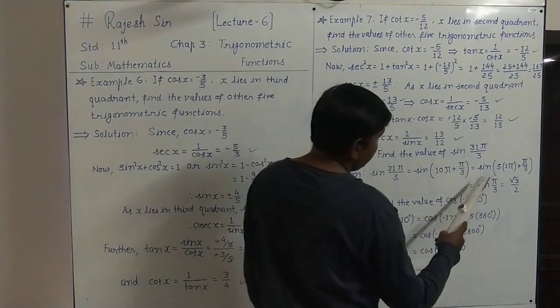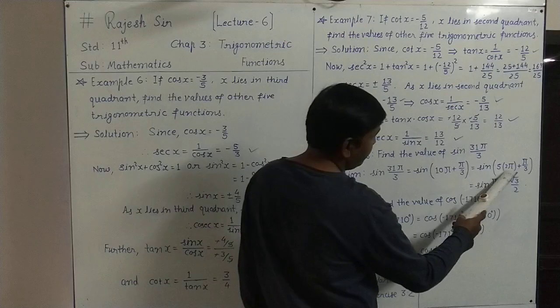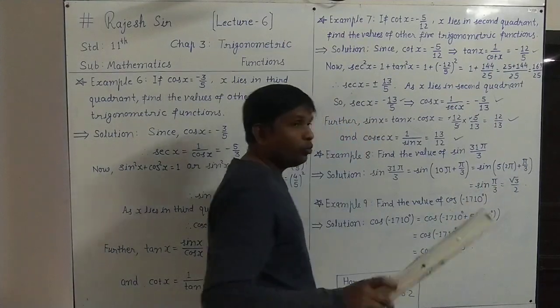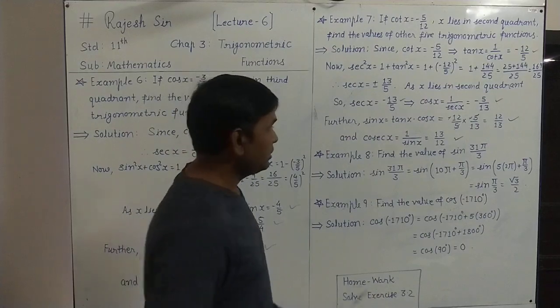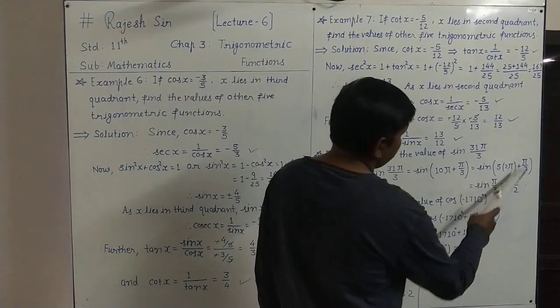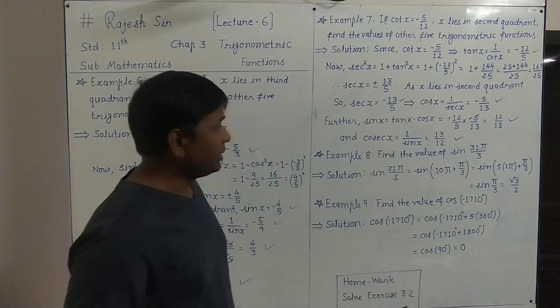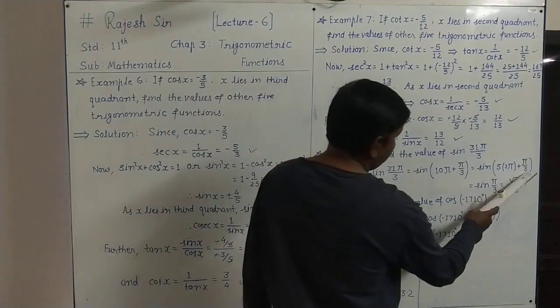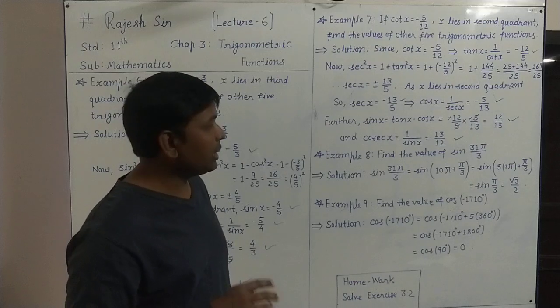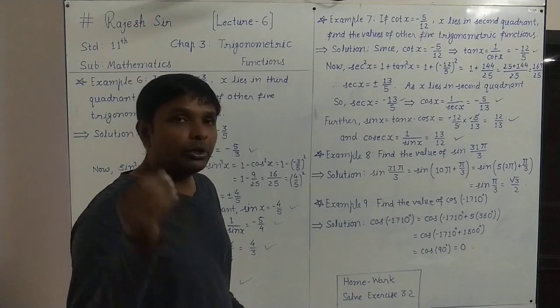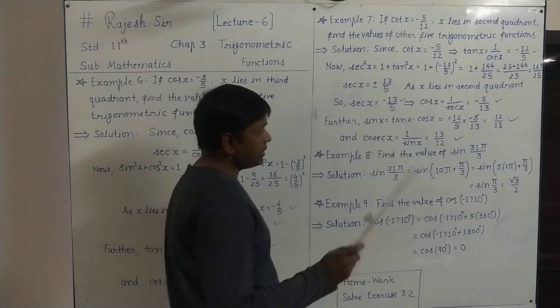To understand that, 10 pi can be written as 5 into 2 pi. In 2 pi, we know that one revolution is completed in 2 pi radians. So 5 times we are revolving and coming to the pi by 3 position. Any number of times you revolve, 1 time, 2 times, 3 times, 4 times, you are coming to the same place, the same angle.